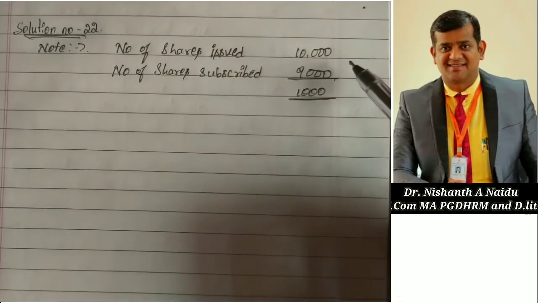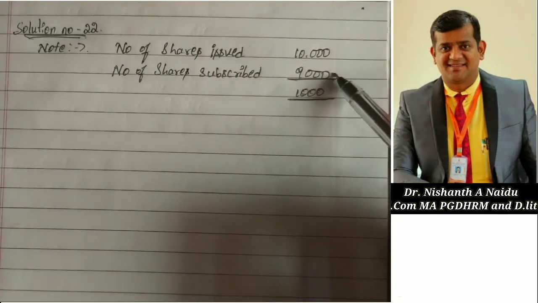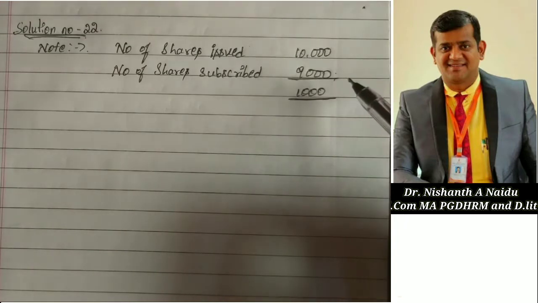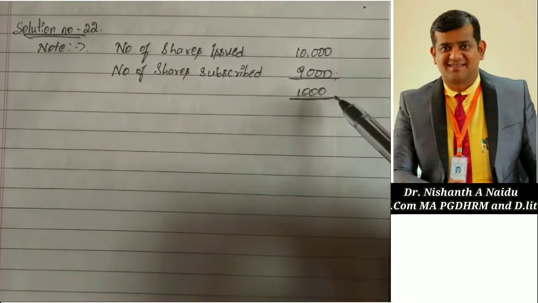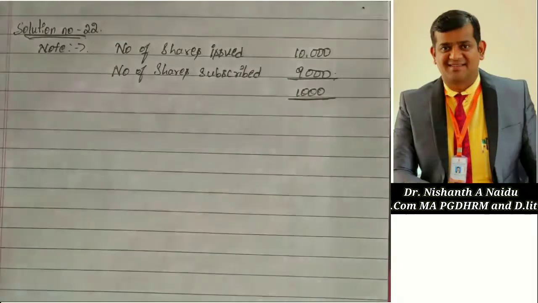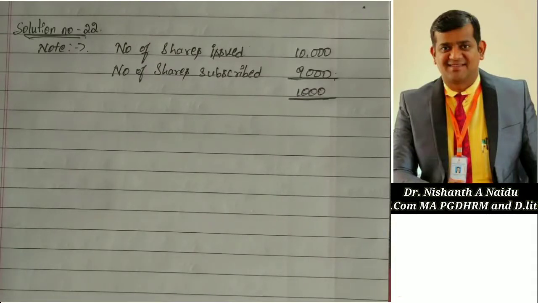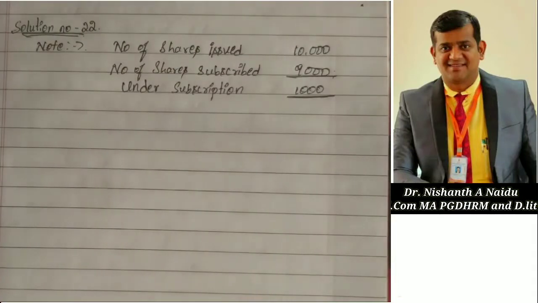The shares offered to the public are 10,000 but applied for by the public are only 9,000. So 1,000 shares are not applied for at all. This is the case we call under subscription. This is the only working note we are going to do for this problem. After this we are going to start the journal entry.